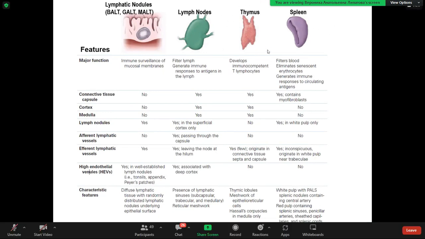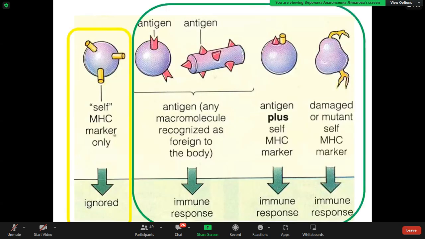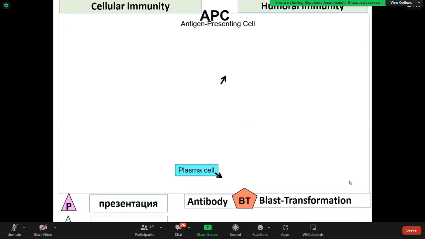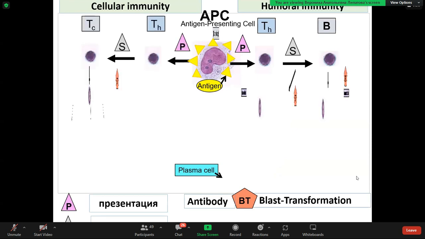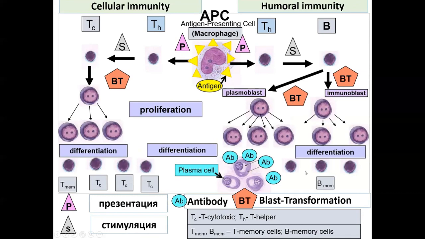Remember that the thymus is a central organ, but spleen, lymph node, and gut and mucosa-associated tissues are peripheral organs. The thymus educates T lymphocytes, and all the other organs on this slide serve for immune response. We described everything about organs of the immune system, and finally my favorite gift from Lyudmila Alexeyevna Knyazeva.